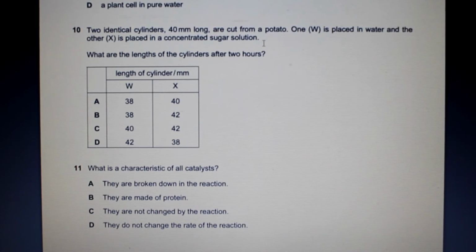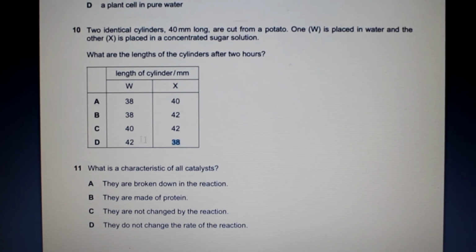Then X is the other cylinder of potato and is placed in a concentrated sugar solution. So now there's more solids outside than inside the potato cylinder, and thus water is going to move outside this potato because water is in a higher water potential inside the potato than outside, and thus the potato X is going to shrink.